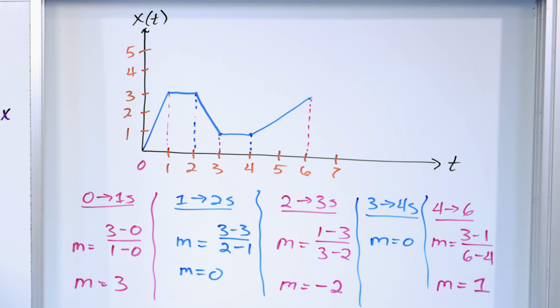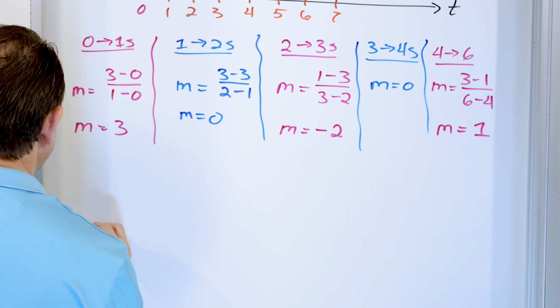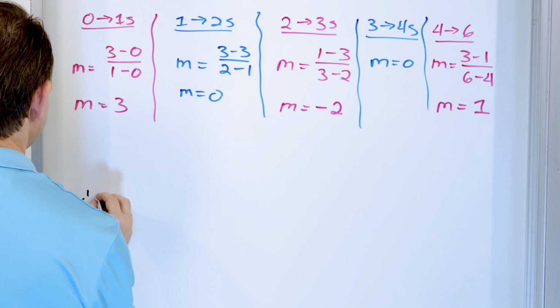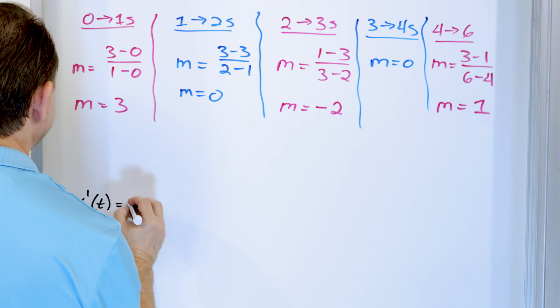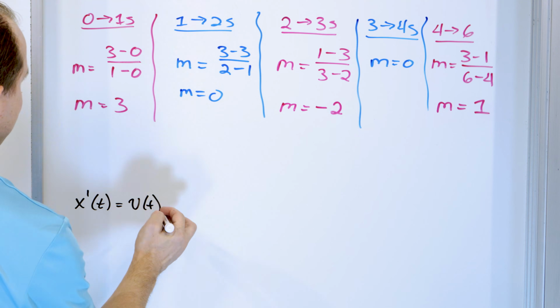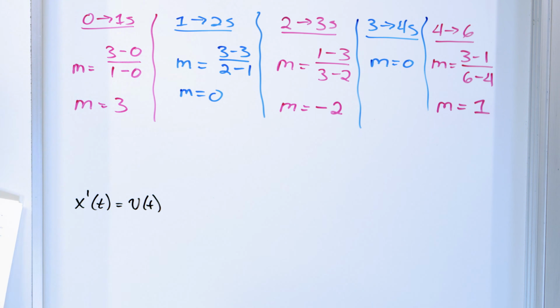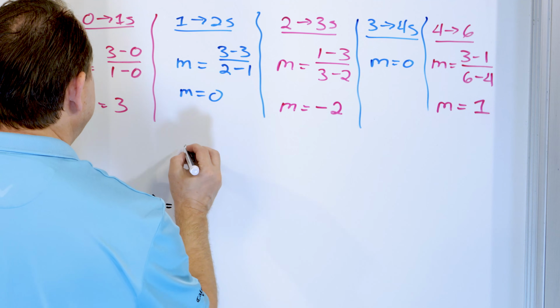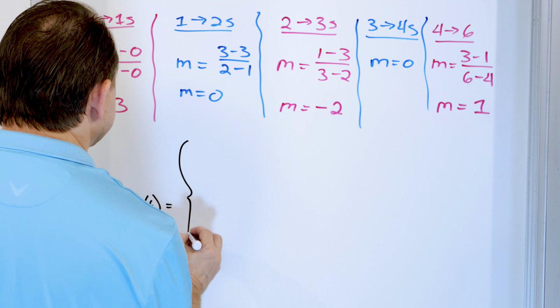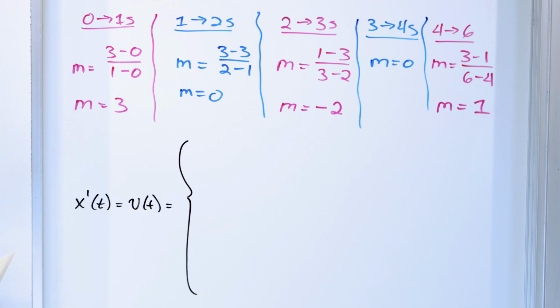All right, so if we wanted to write this down in a rigorous, mathematical way, you could say x prime of t, which is the derivative, but we could also just call this the velocity as a function of time, because we know that's what the derivative of the position is, right? And because it's piecewise defined, we would have to write it in a piecewise way.